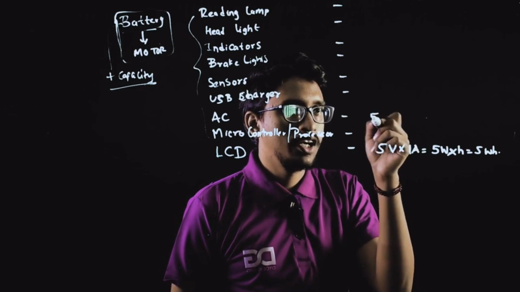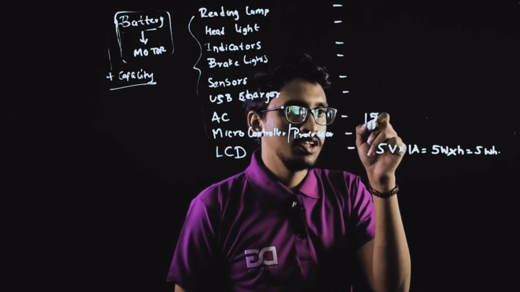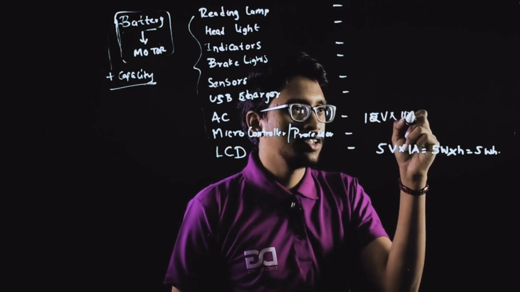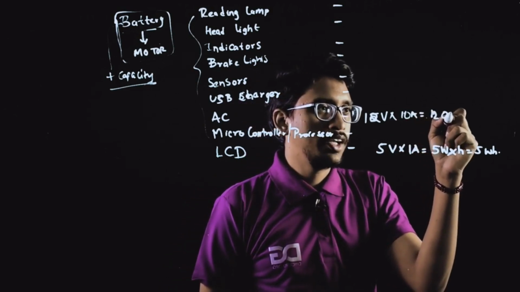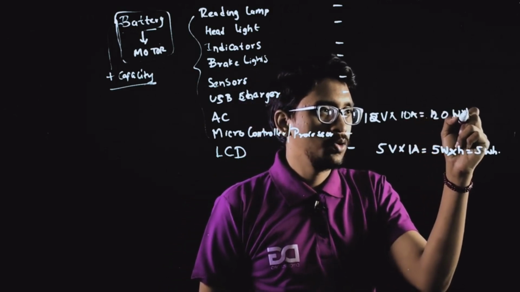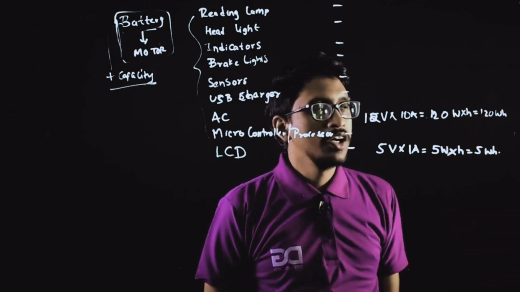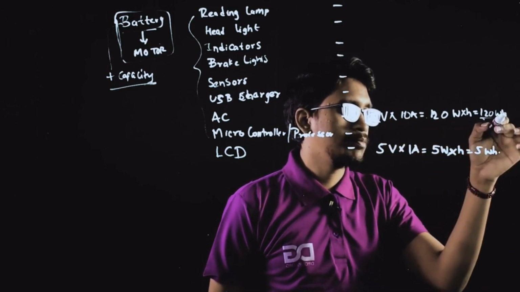In the same way, if I work on an AC, how much power would that AC take in my car? Let us suppose it works on 12 volts, 10 amperes, which means 120 watts, and times an hour gives 120 watt hour. This is the amount of power you are utilizing through the AC per 1 hour.